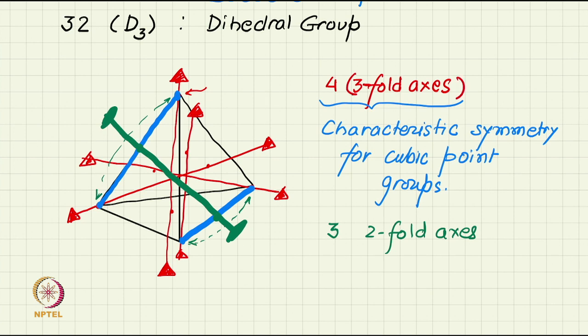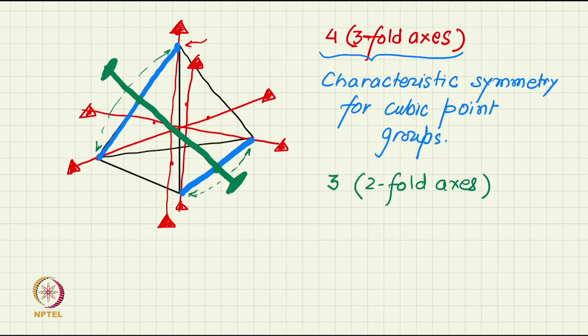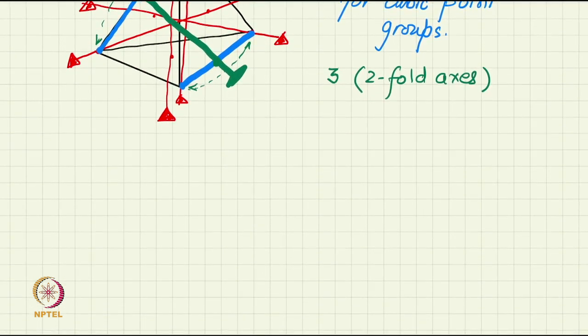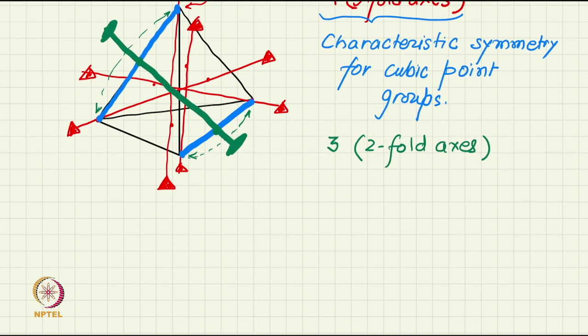So, 4 threefold axes and 3 twofold axes. So, this is the tetrahedral symmetry, and this is one of the possible proper multi-axial groups. We can draw the stereogram for it, and to draw the stereogram, it is nice to see the relationship between these 4 threefold and 3 twofold axes.